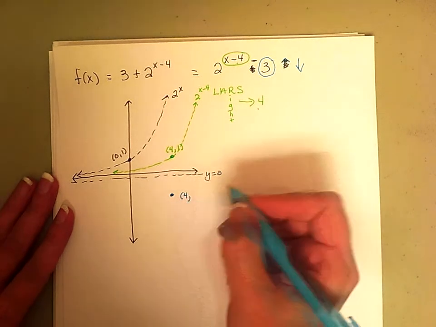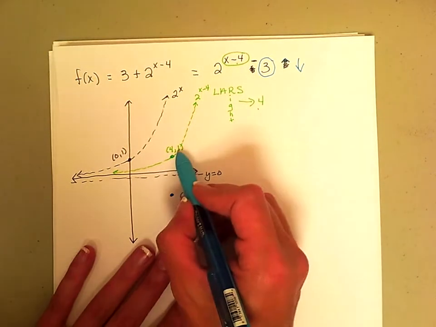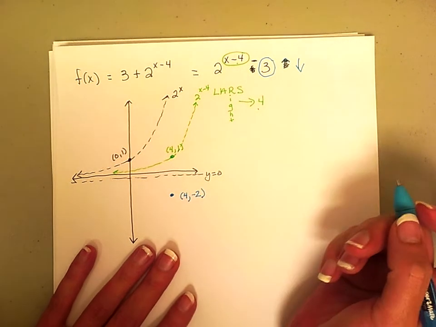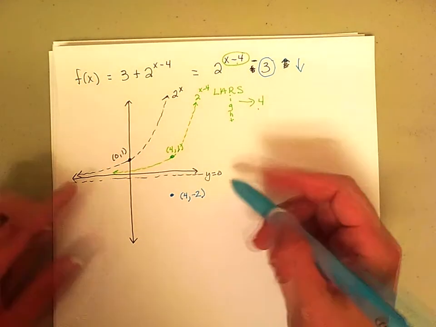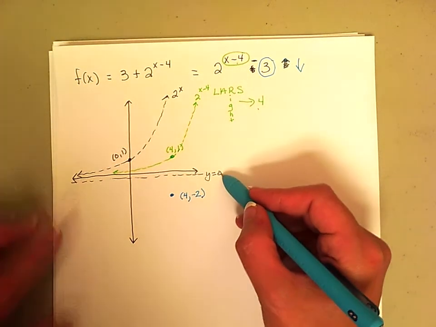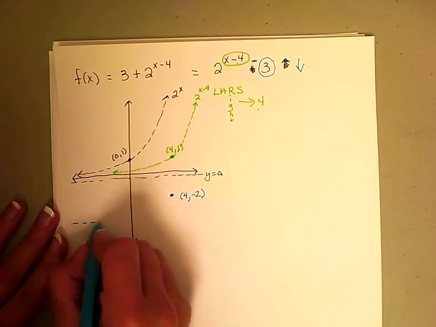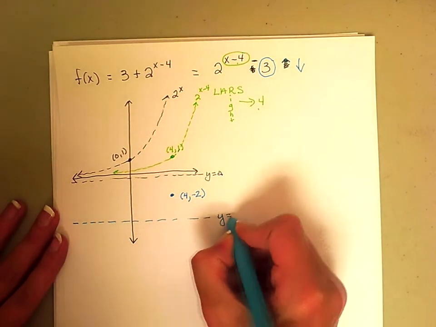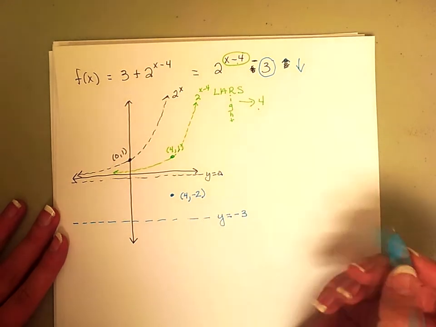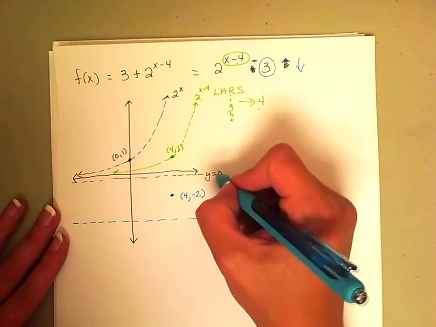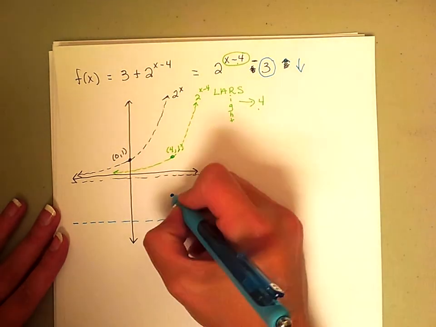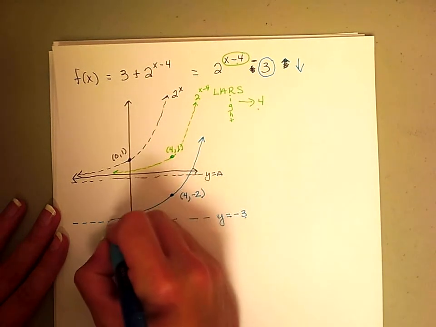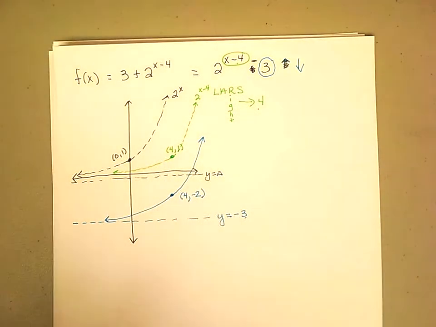So now it's at the point (4, 1 minus 3), which is (4, negative 2). But the asymptote will also have to drop. So instead of being at y equals 0 now, it will occur at y equals negative 3. And now we can just sketch the graph in.